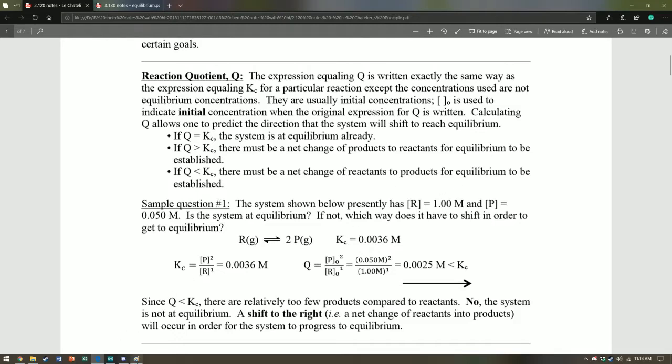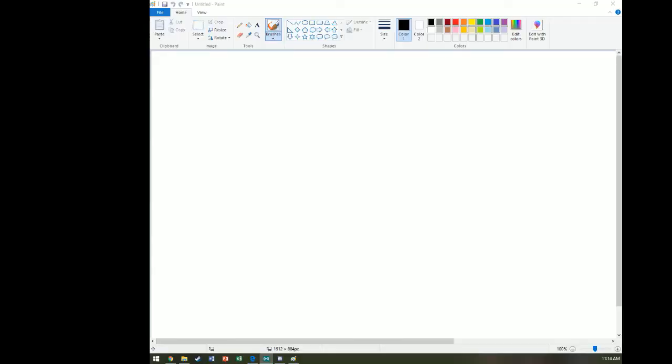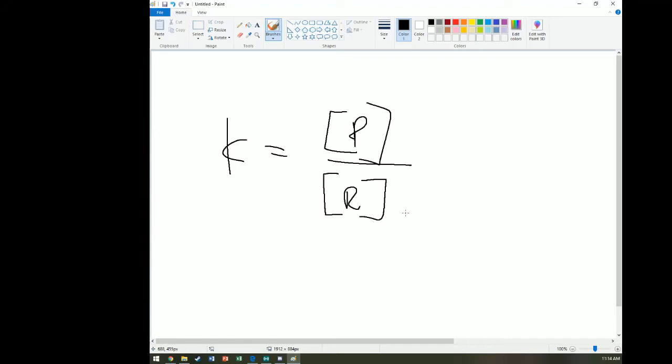Now, you can sort of do this intuitively. I described K as products over reactants. Since Q is the same thing, if Q is larger than Kc, then if we decrease the numerator, you'll get a smaller number.